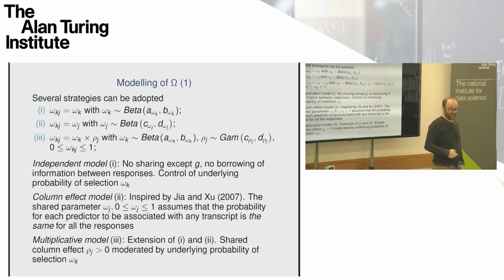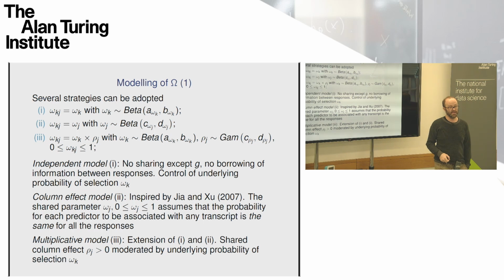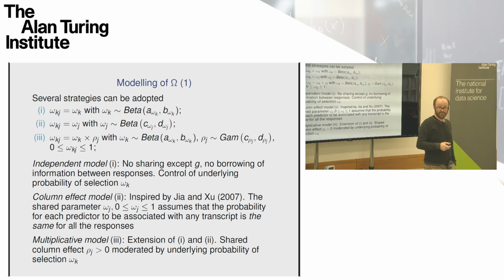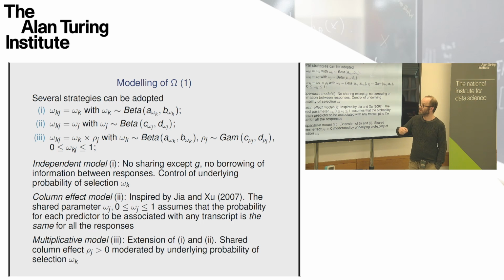So for each transcript we have some probability of observing 1s and 0s. But when we look at a particular combination of kj, this probability is inflated or deflated by this factor rho j. This probability can be inflated because there is a larger probability to see the association between the k transcript and the j DNA location.